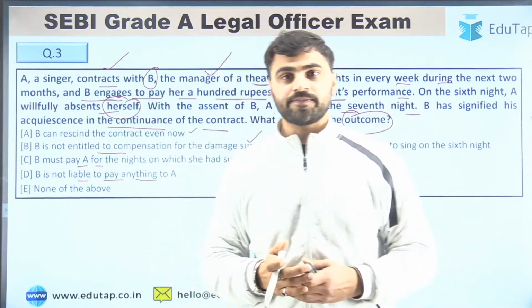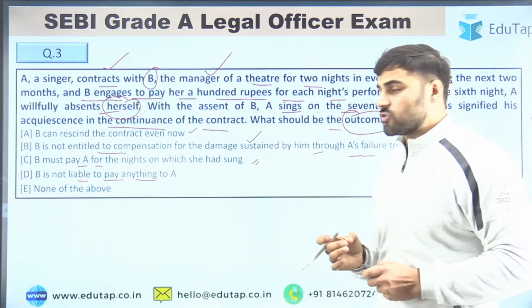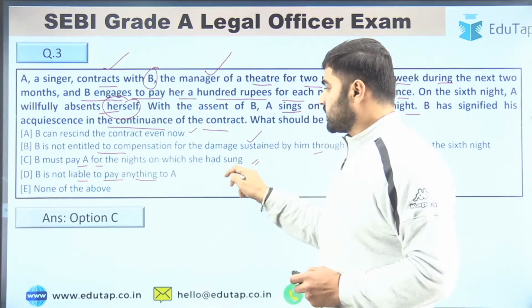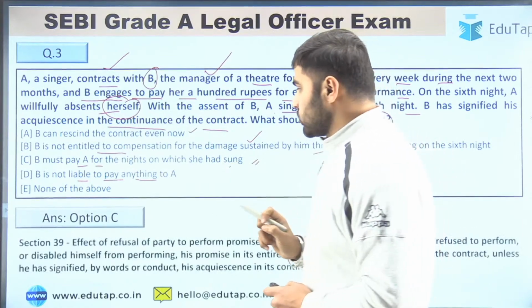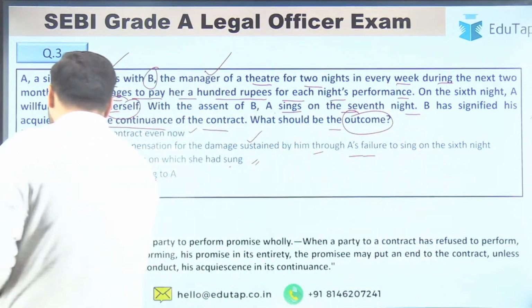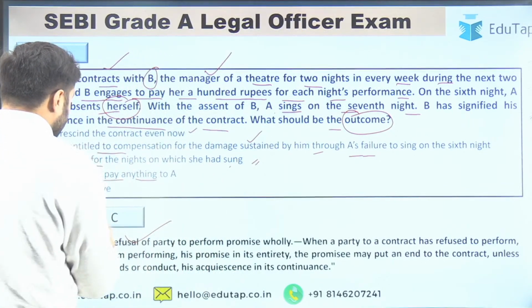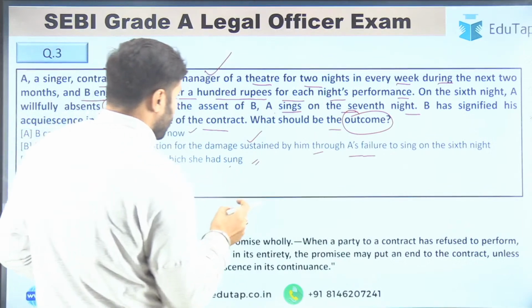The right answer is option C, that is B must pay A for the nights on which she had sung, right? If you read section 39 of our Indian Contract Act, this section contains the effect of refusal of a party to perform a promise wholly.